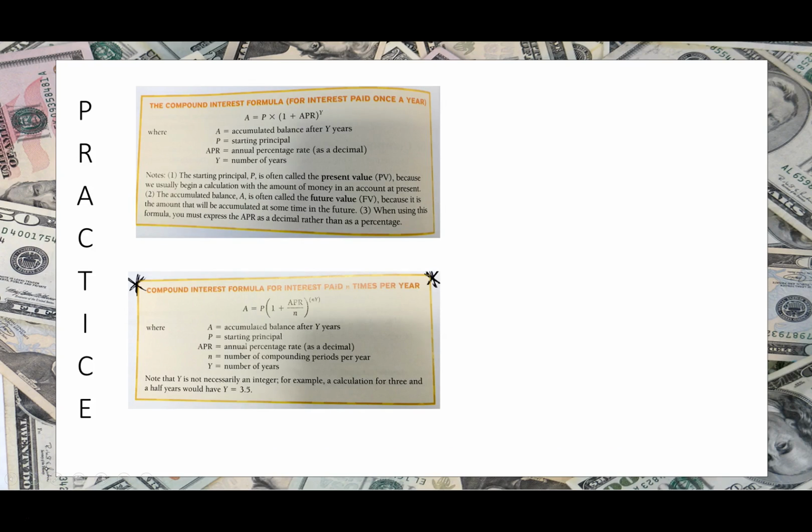All right. So let's say that I am investing $10,000 at, we'll say, 4% compounded daily. Okay, and we'll say for 20 years.